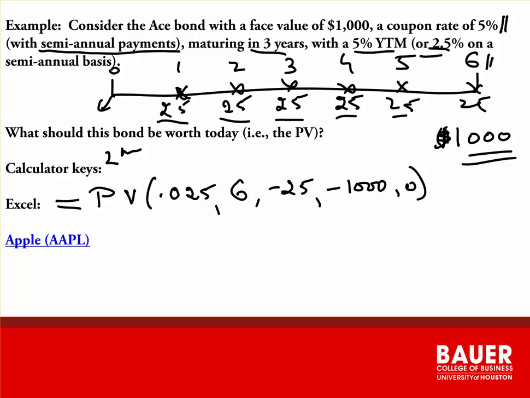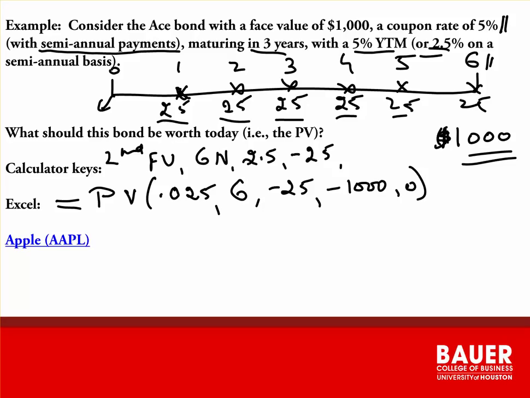On calculators, you do second FV. What is your N? 6 is your N. What is your interest rate? 2.5 is your interest rate. Your payments are also 25. In this case, it just so happens that these two numbers are the same. They don't have to be the same.